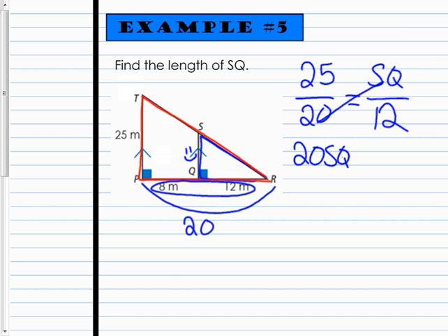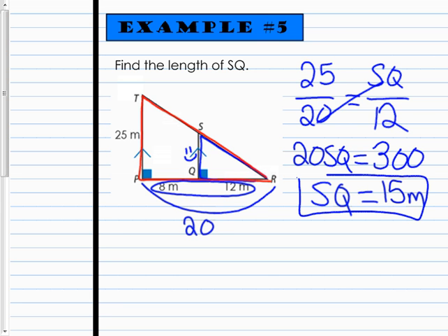20 SQ equals 300, and then we divide both sides by 20. 300 divided by 20 is 15. So SQ is 15 meters.